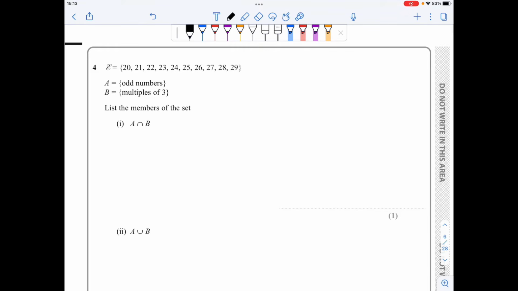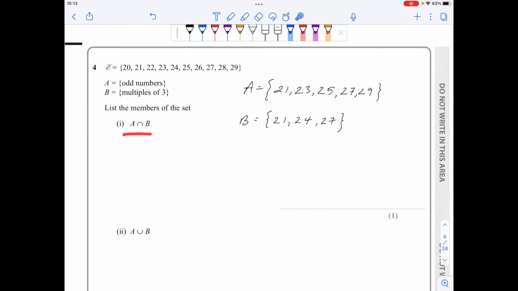For question 4, I'll start by listing sets A and B. A has all the odd numbers, so that's 21, 23, 25, 27, and 29. B has the multiples of 3. So this is 21, 24, and 27.